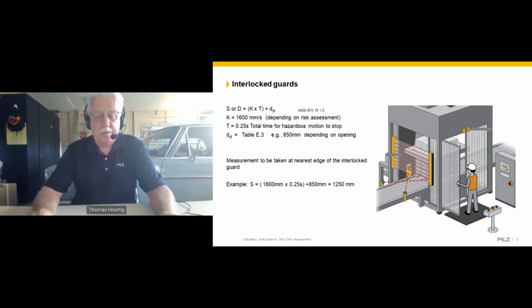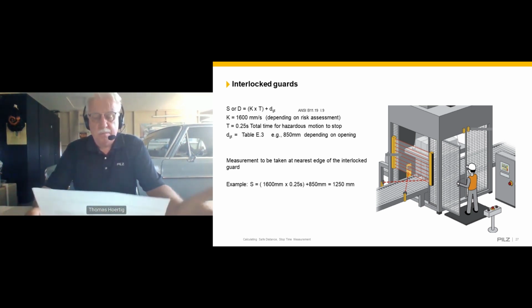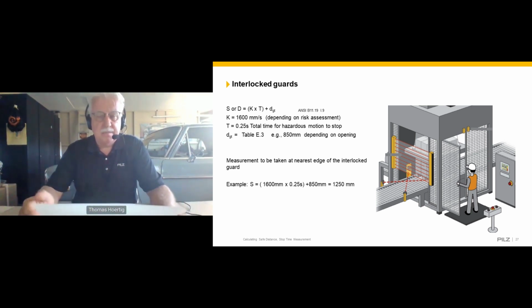If you have a round opening, if you have a slotted opening, a rectangle opening, and the respective finger, hand, arm, or legs, body parts that can enter the hazard zone. The measurement need to be taken at the nearest edge of the interlock guard.